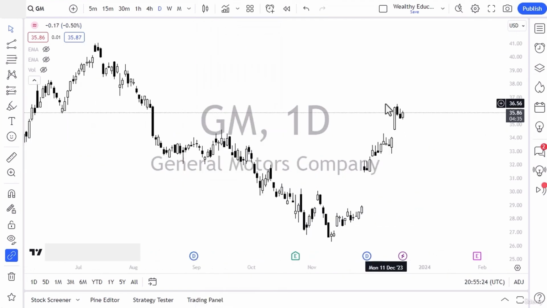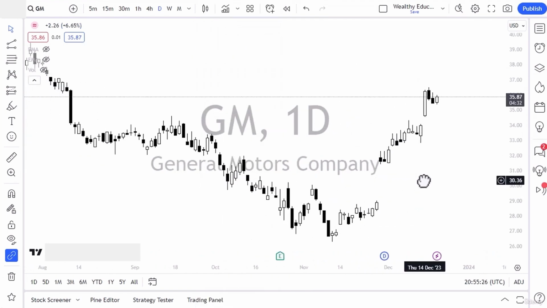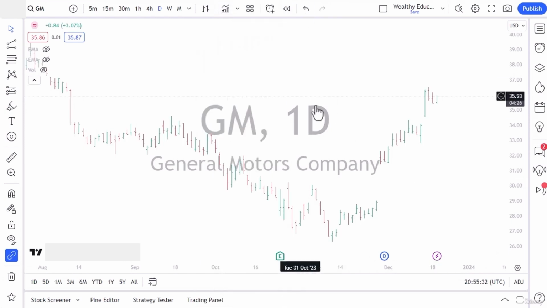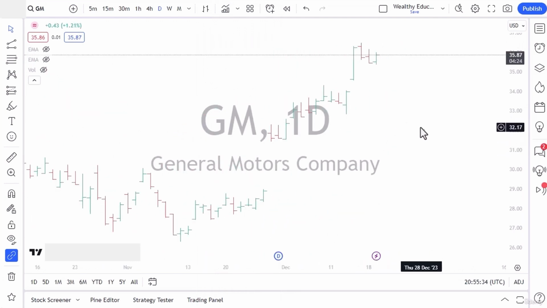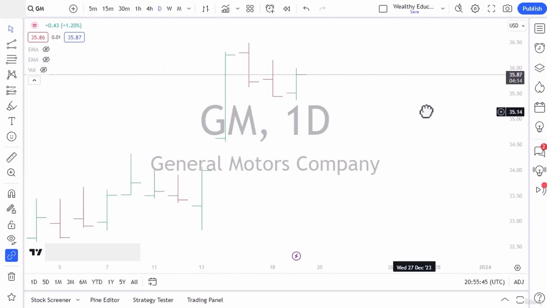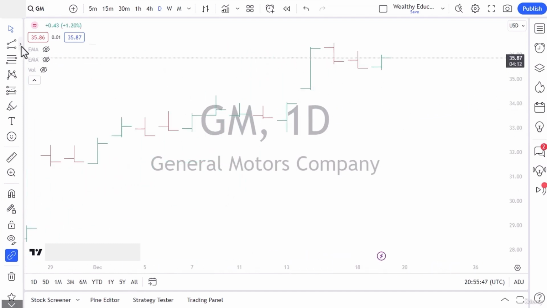So let me go ahead and turn this back to candlesticks. Candlesticks are a variation on the bar chart. Matter of fact, I will show the bar chart first, just to give you an idea. And bar charts show the range of the day. So let me go ahead and zoom on this bar since it's so big.